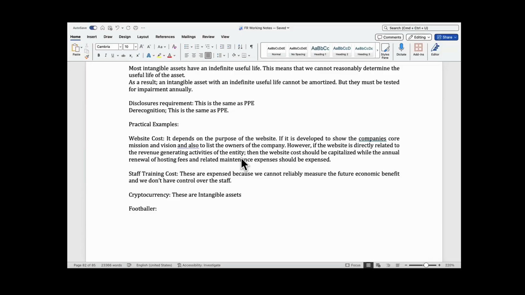Nice contributions from everyone, and particularly Edward and Lekon. Footballers are human beings, and they cannot be an asset in the books of any entity. That's consistent with what Lekon said, and Edward now shared more light on it.